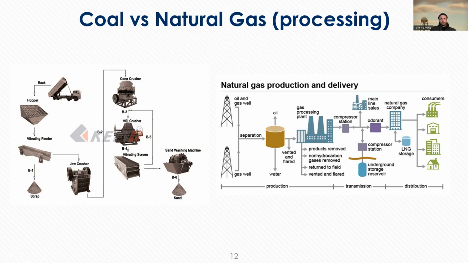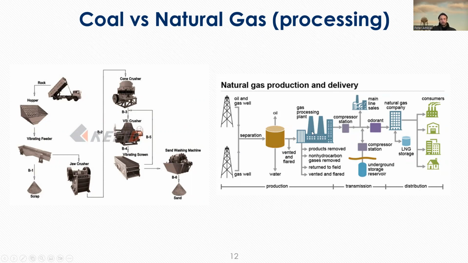This is a little bit different for natural gas, where you want to clean up any of the byproducts within the extraction process as much as possible, right? And so from your either gas well or oil and gas well, you have to separate your oil and water, getting a more pure stream of gas.